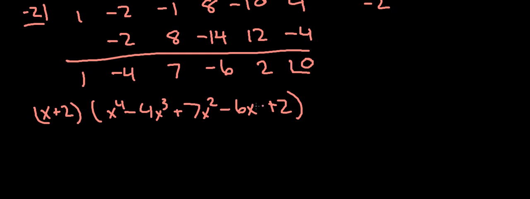So what I do is I check my pool of numbers and I make a new pool of numbers from this new polynomial. So the p over q of this. Here our constant's factors are plus and minus 1 and plus and minus 2, and the leading coefficient is 1.